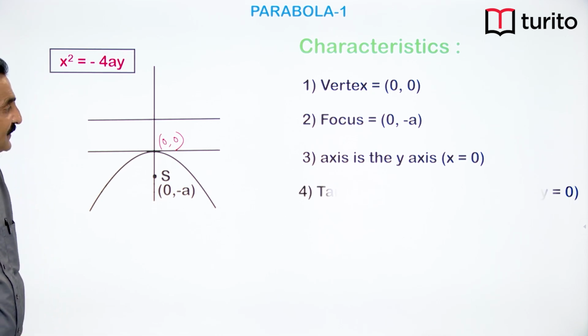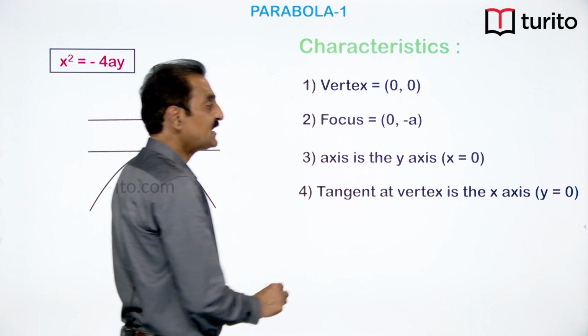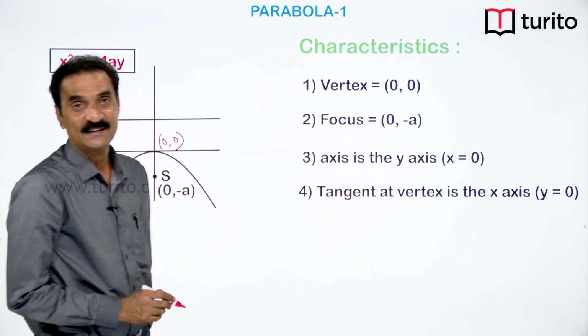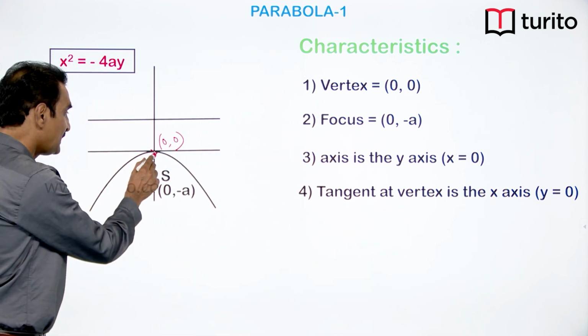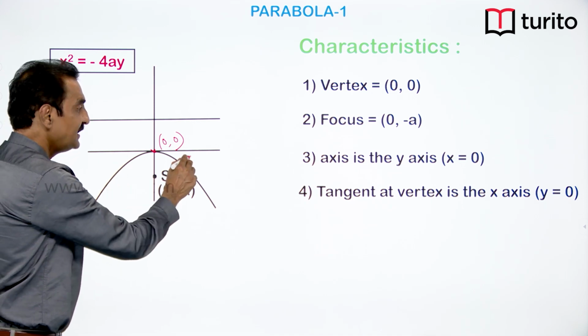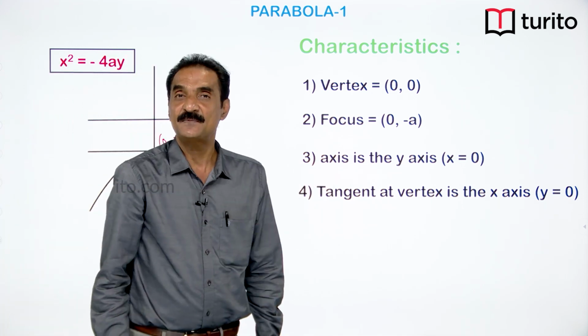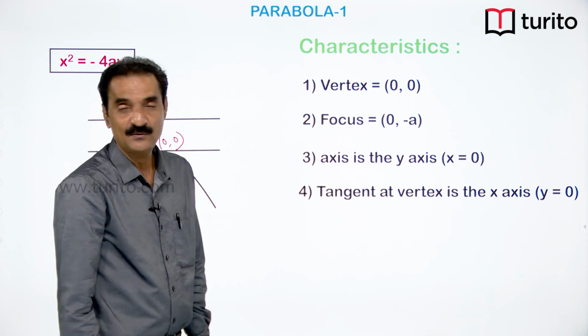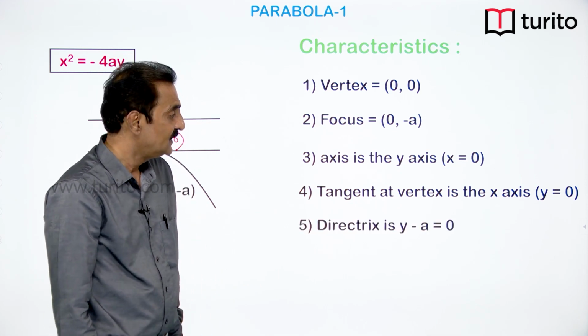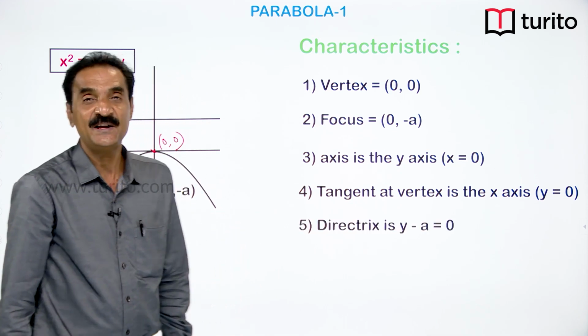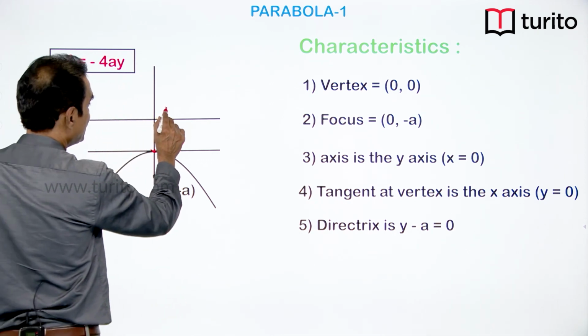Next, the tangent at the vertex is the x axis. At the origin, if you draw a tangent, it is the x axis. The equation of the tangent at the vertex is y is equal to 0. The directrix is y minus a is equal to 0. We have already discussed this.